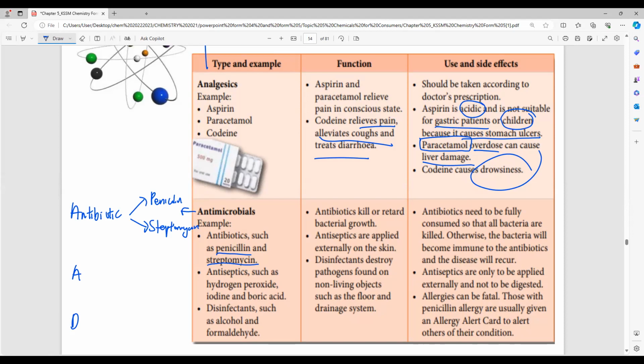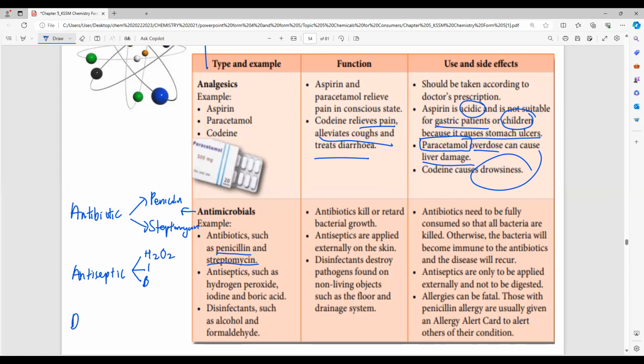So antimicrobial is divided into A, D. My second A is antiseptic. And antiseptic, you divide it into H-I-B. What's the first H? Hydrogen peroxide, H2O2.